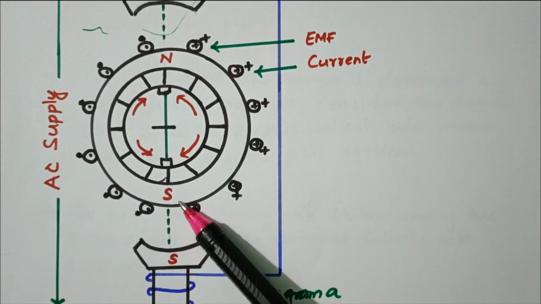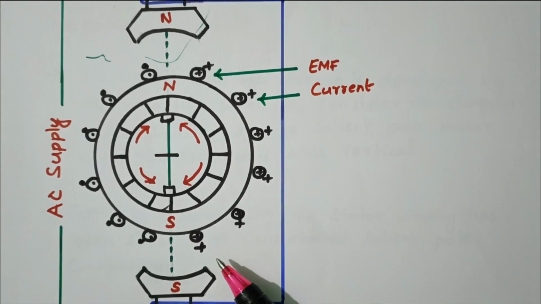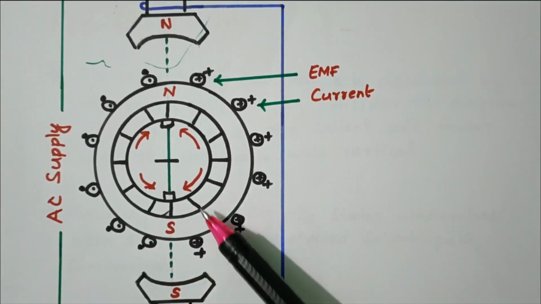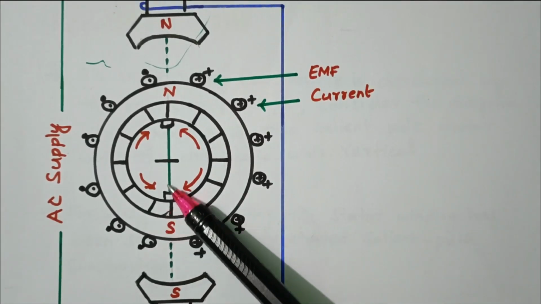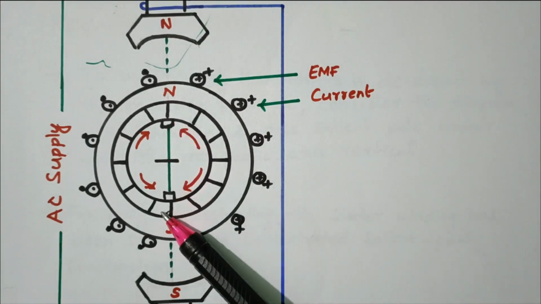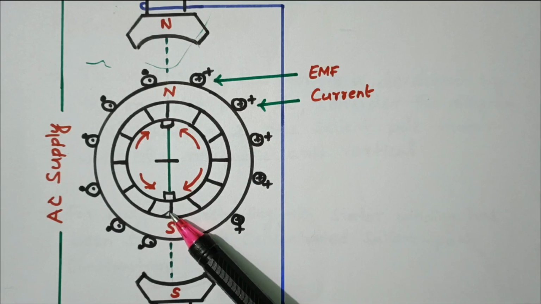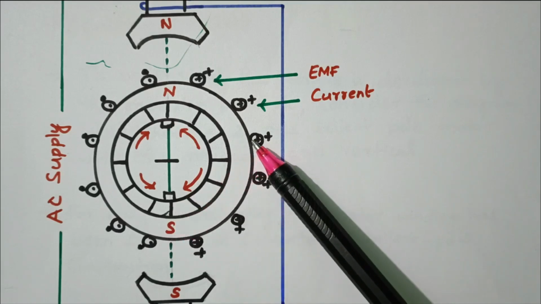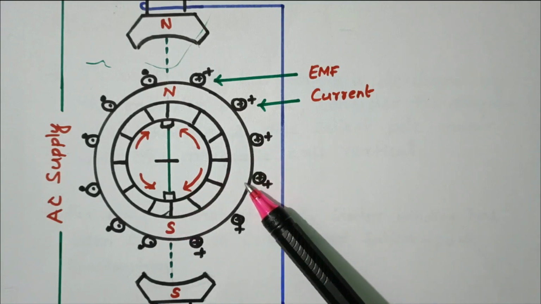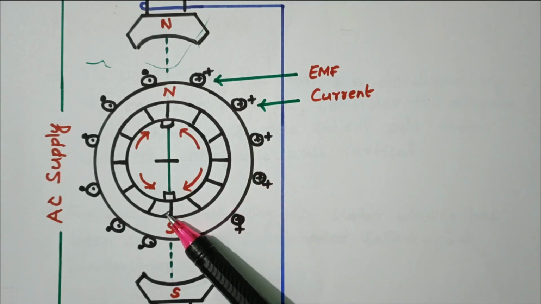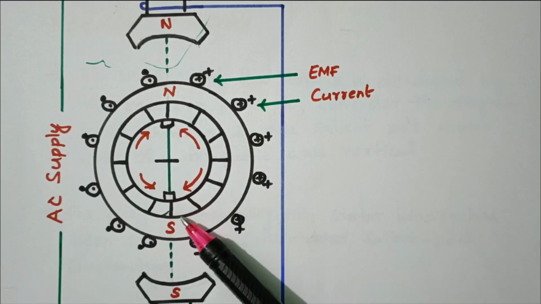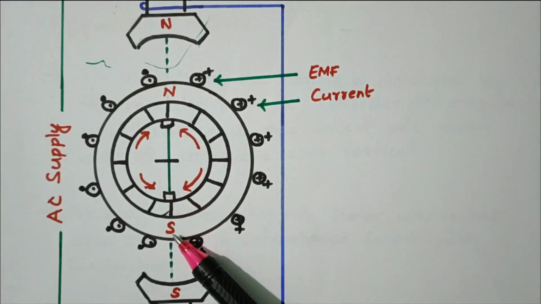So there is a repulsion; both will repel each other. That is why it is called a repulsion motor. The important thing is that the brush holder is aligned vertically. In that position only the EMF will be generated and current will flow through the rotor circuit because of the vertical position. Now we'll see what will happen in the horizontal position.